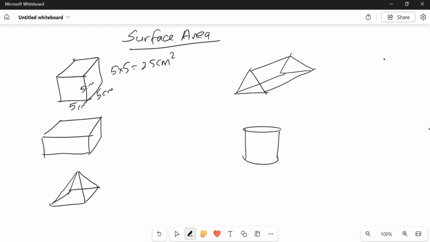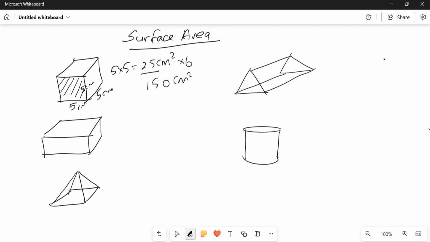We know there are 6 surfaces. You can see 3 visible and similar surfaces at the back side of this figure. Therefore, we must multiply by 6. 6 5s are 30, 6 2s are 12 and 3 is 15, 150 centimeters squared. So when you find the surface area of a cube, you should know all the faces are equal. Therefore, we must multiply the area of one face by 6 times, because there are 6 faces.